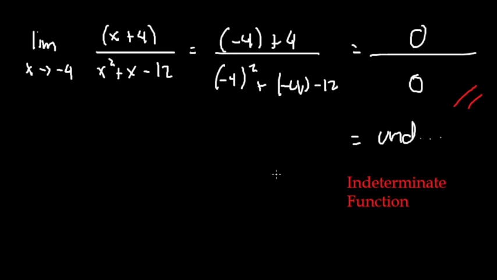Now, does this mean na ang limit ng function na to will not exist? Not necessarily. Indeterminate functions are functions that at a single glance, in simple terms like substituting, we will end up with an undefined value. So that's what we call an indeterminate function.